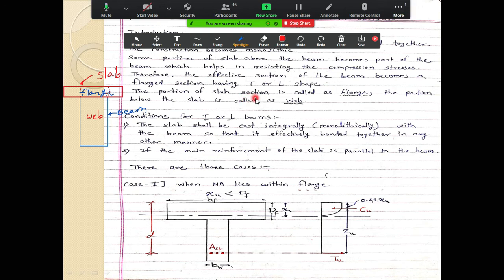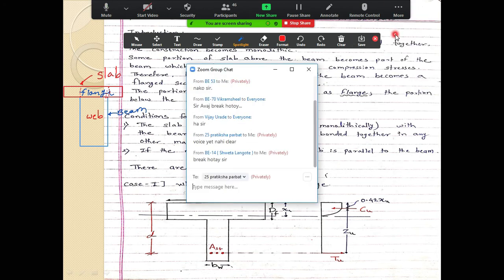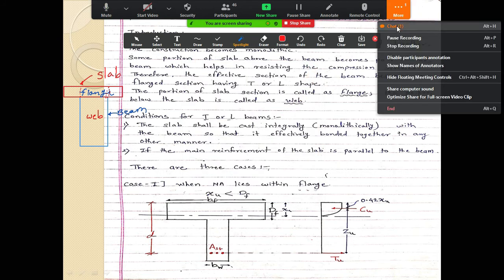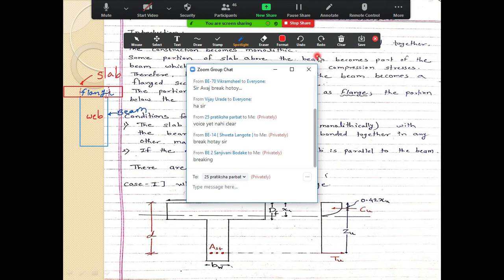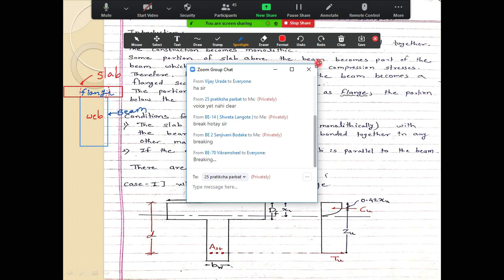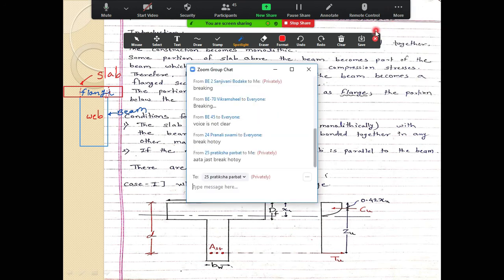It is breaking. The problem may be due to the network issue.